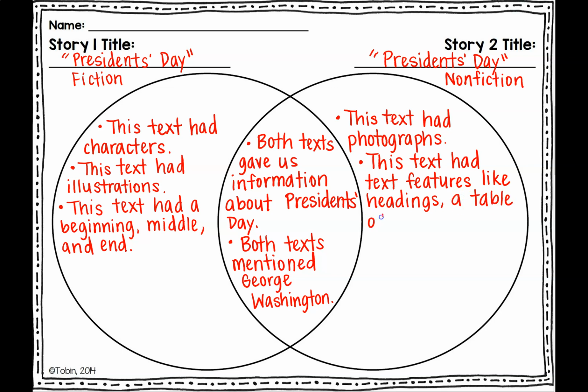Remember, you can pause it at any time if you need to get caught up. And a glossary. Okay, so that's what makes it different from a fiction book. The fiction book did not have text features.